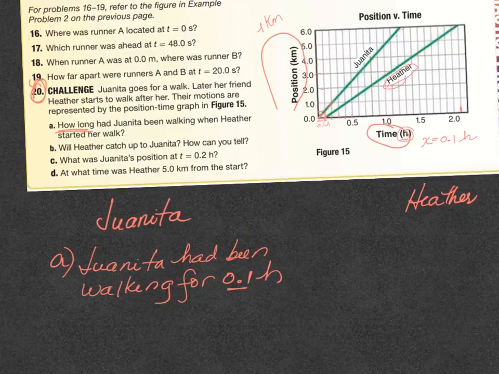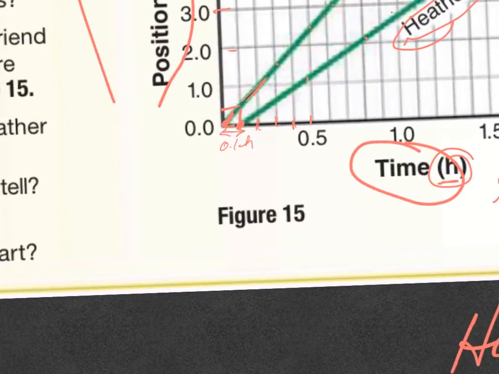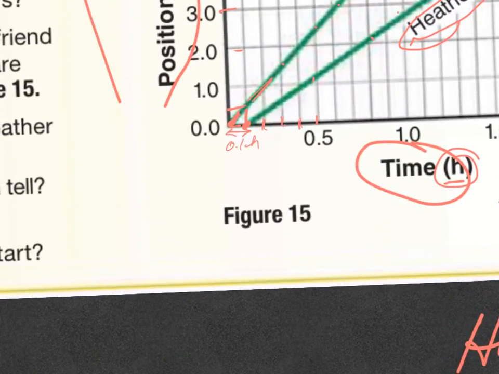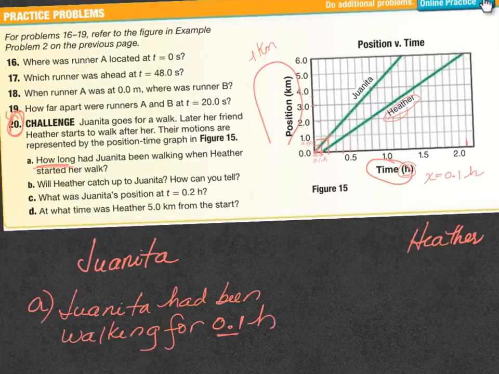What was Juanita's position at 0.2 hours? So at 0.2, I go to Juanita's graph, and I'm going to say 0.9 kilometers.